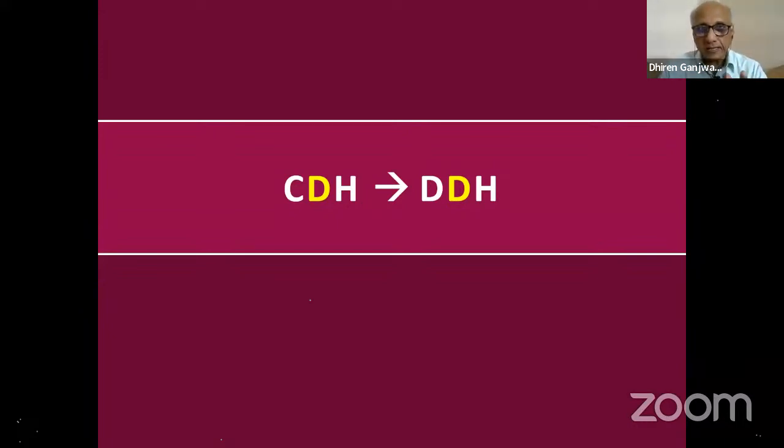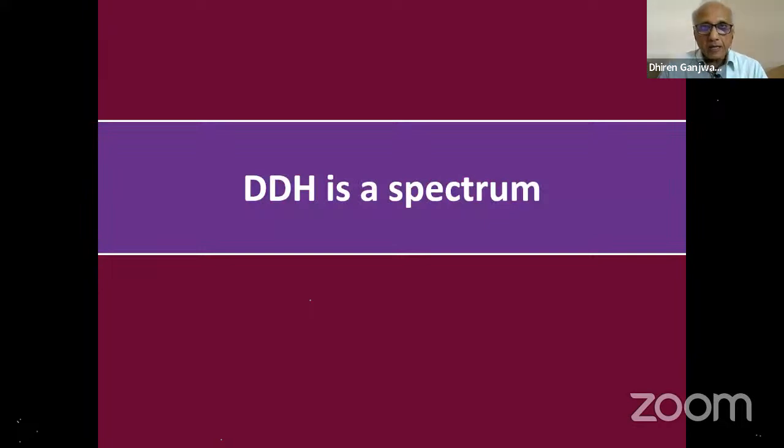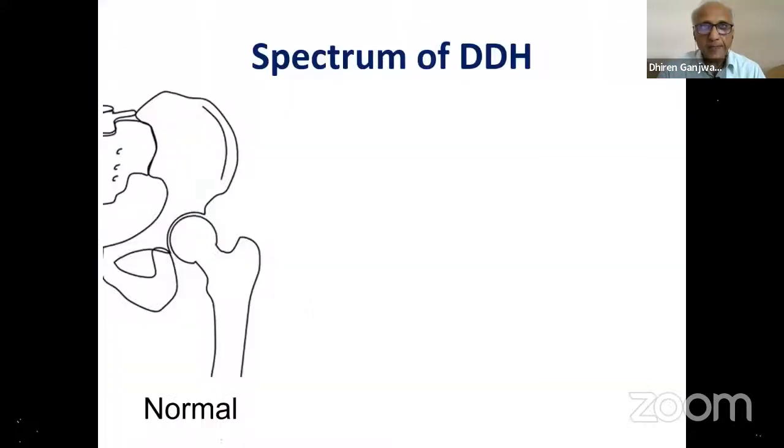Coming to the second D, which has been changed from dislocation to dysplasia. The concept is that DDH is a spectrum. We know that on one side of the spectrum is a normal hip.